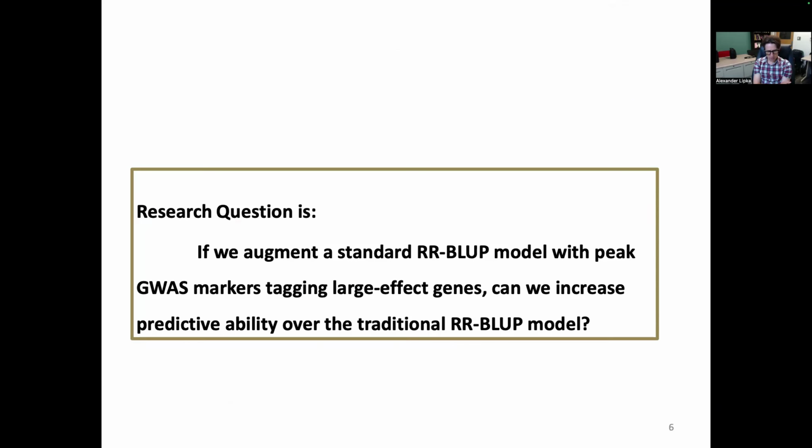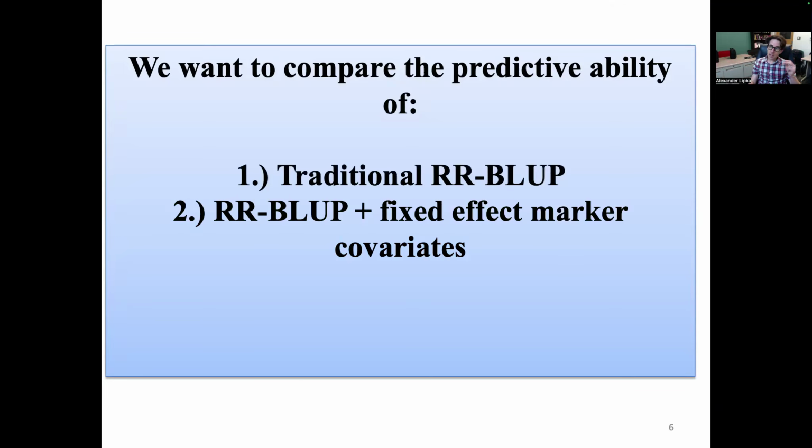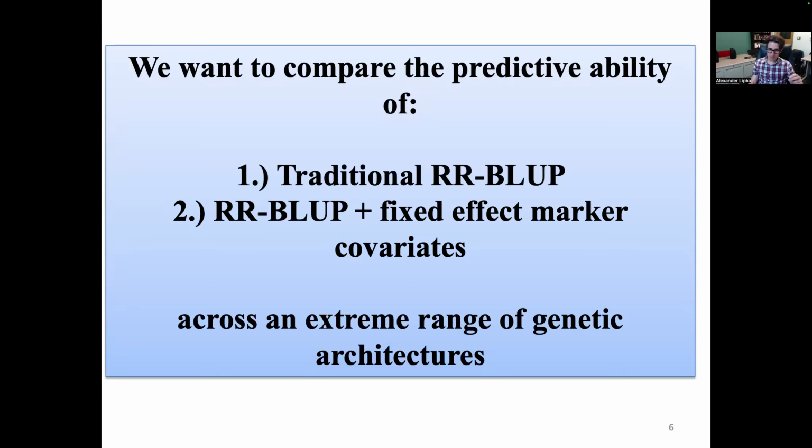The research question is: if we take that RR-BLUP model that I showed a couple slides ago and add to it a fixed effect covariate of the peak GWAS markers identified in the training set, can we observe increased predictive ability? So we compared the predictive ability of the traditional RR-BLUP model that I already introduced to you, as well as an RR-BLUP model that includes fixed effect marker covariates.